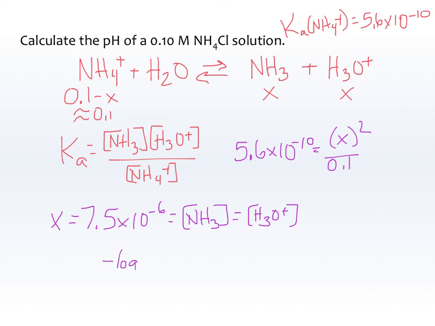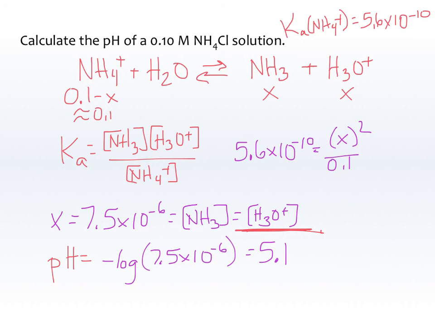So when I take the negative log of 7.5 times 10 to the negative 6, I get 5.1. Because this is H3O plus, that's already an acid, so that answer is already my pH. I do not have to subtract it from 14. NH4Cl is an acidic salt, and notice that it has a pH less than 7, which fits in with an acid.